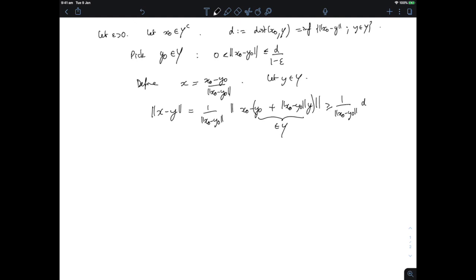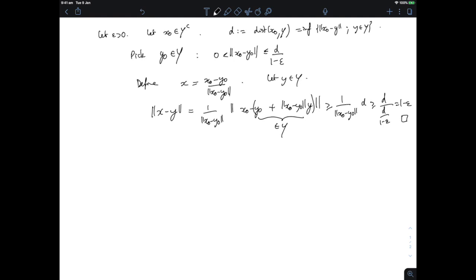And now 1 upon the norm of x0 minus y0 is greater than (1 minus epsilon) over d. So this entire thing is greater than d times (1 minus epsilon) over d, which is 1 minus epsilon. So that was a simple lemma. The fact that we give ourselves an epsilon of room compared to the actual Riesz lemma makes things easy because we don't need to really project on the subspace.